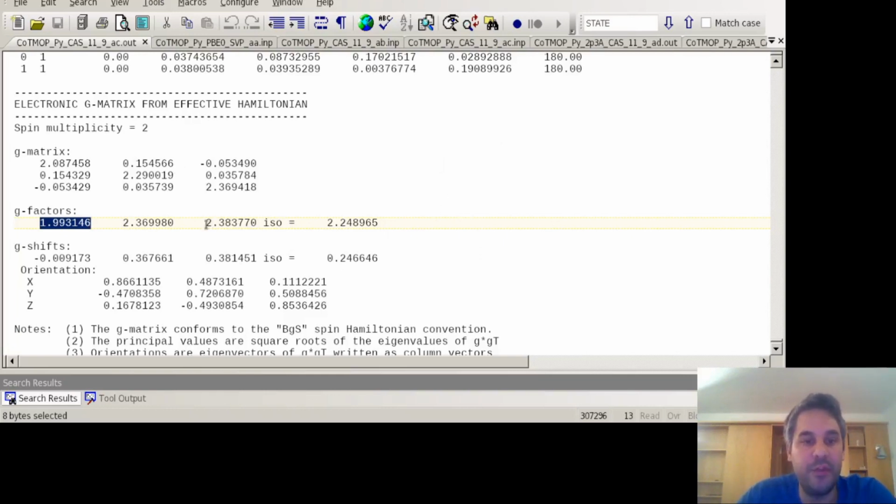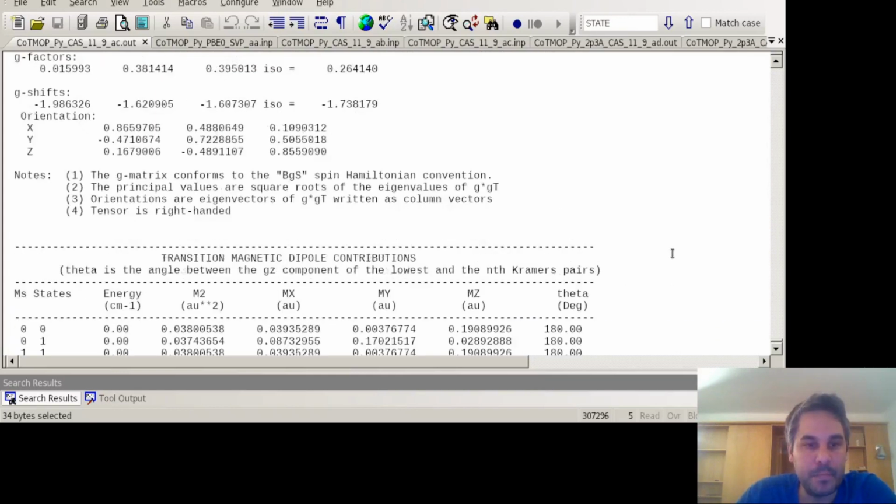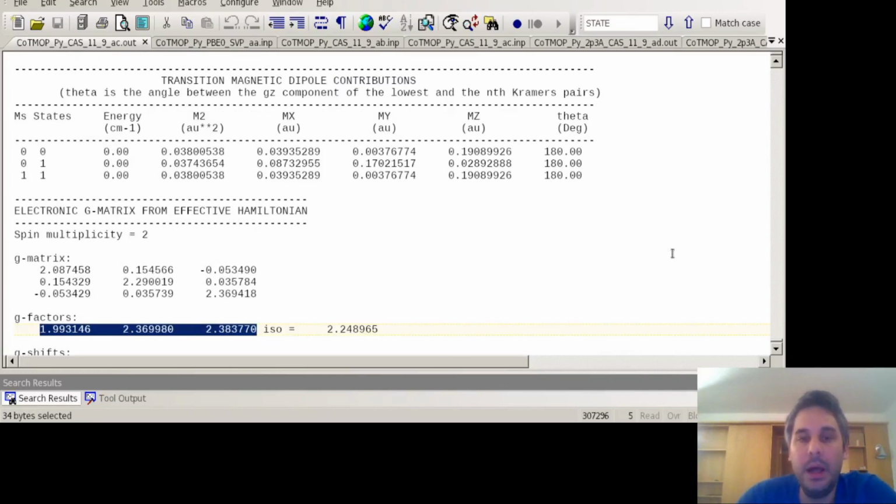So I know from experimental results on related systems that these values are quite okay. They are not perfect, but they are quite near the experimental values. So basically, this calculation is already giving me a result which is chemically reasonable and spectroscopically reasonable.